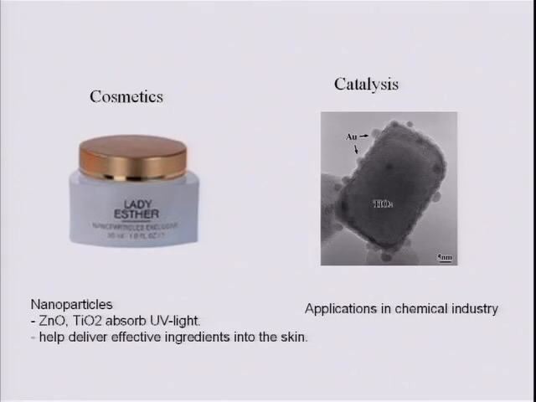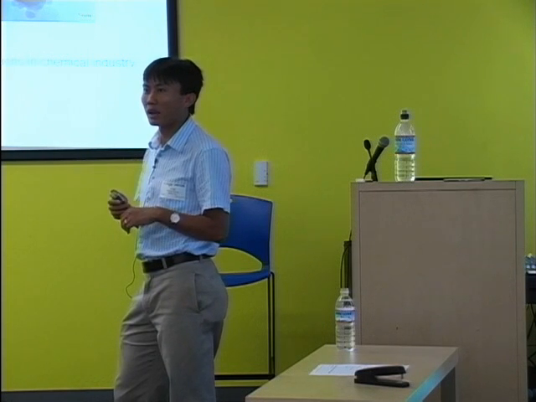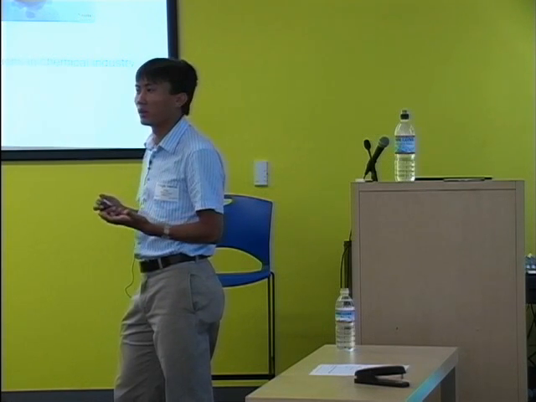So I don't need to say too much about cosmetics, just by pointing out, the sunscreen you use has nanoparticles in it. Semiconductor nanoparticles with a band gap large enough can absorb UV light, so they can be good materials as sunscreen.